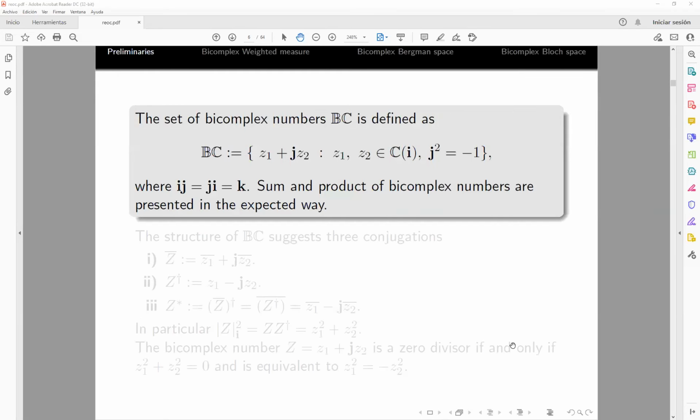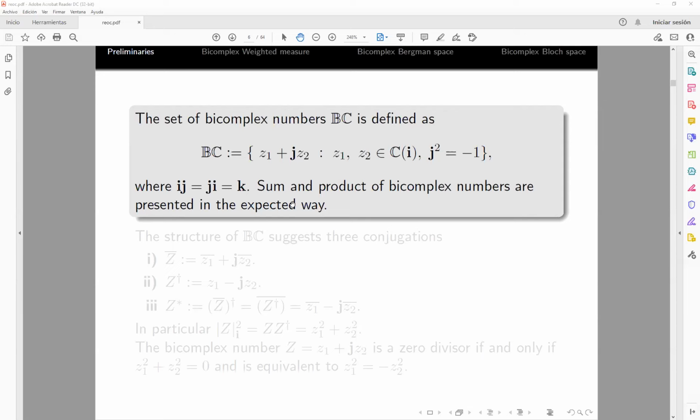First, let me say some words about the theory of bicomplex numbers. The set of bicomplex numbers, which we denote by BC, is defined in this form: z = z1 + j z2. Here we are introducing a new imaginary unit j, with j squared equal to -1, in such a way that the product of both imaginary units, i times j, is equal to k, and they commute.